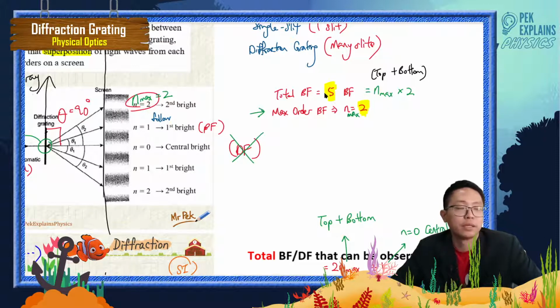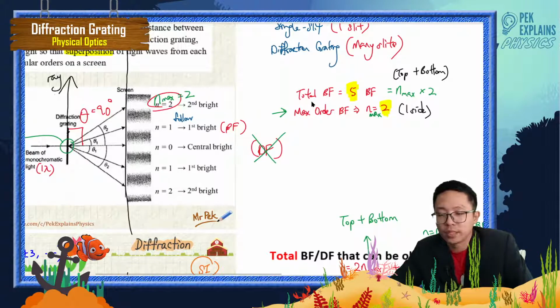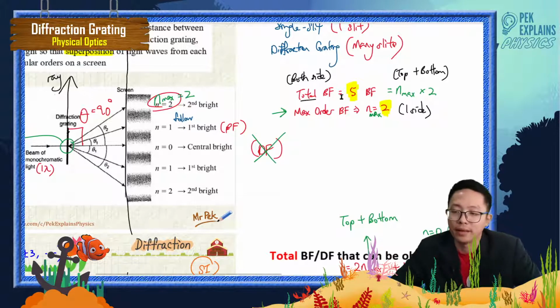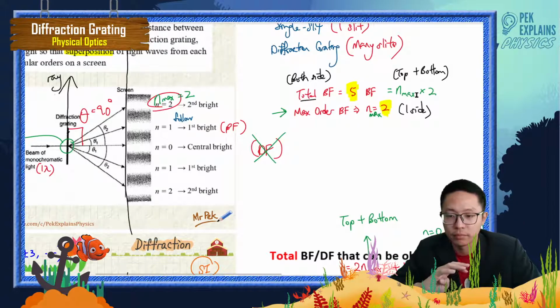The maximum order is just for one side. The total is both sides, top and bottom. That's why the maximum order is multiplied by 2.